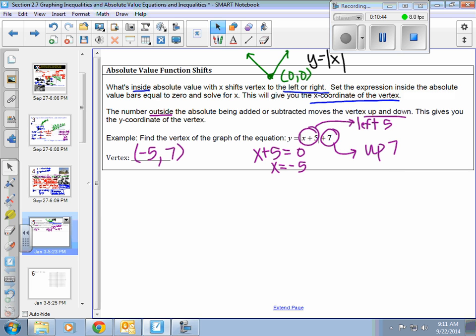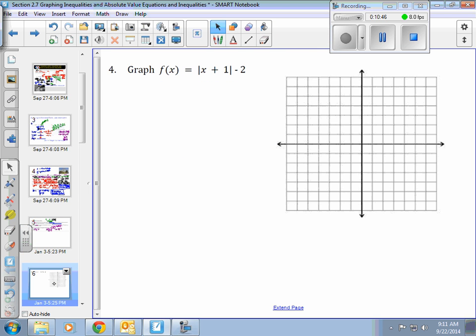Let's look at an example. What I like to do is figure out what the vertex is to begin with. So this plus 1, it's always opposite of what I think. So it really means it looks like it shifted right, but really it was left 1. And this minus 2 means we went down 2.